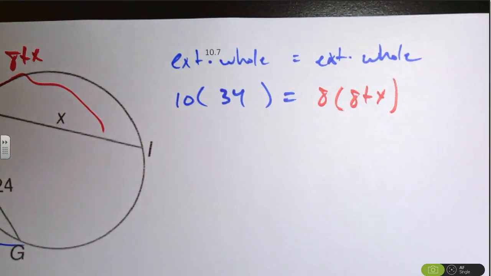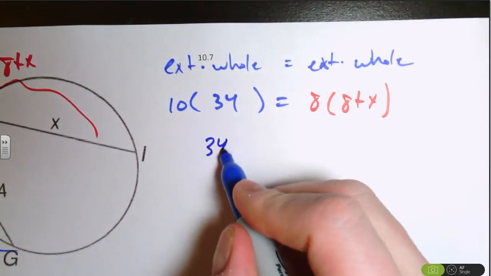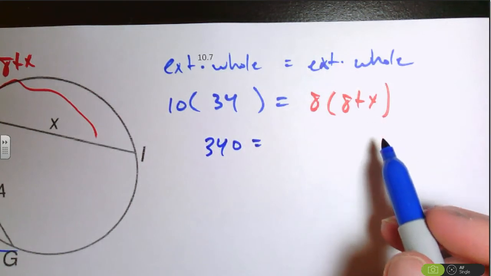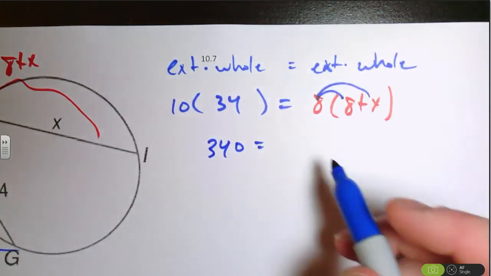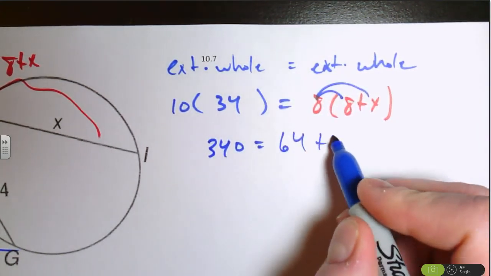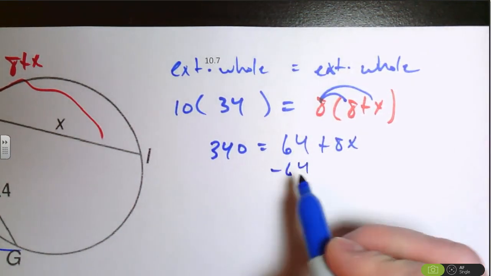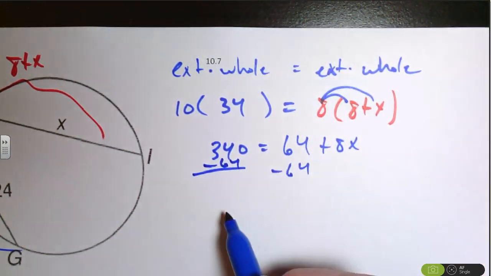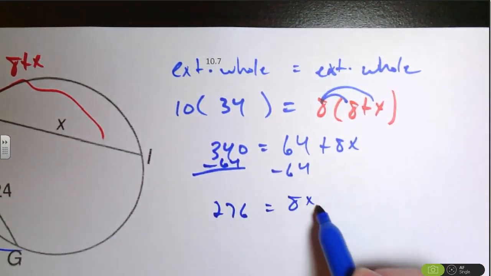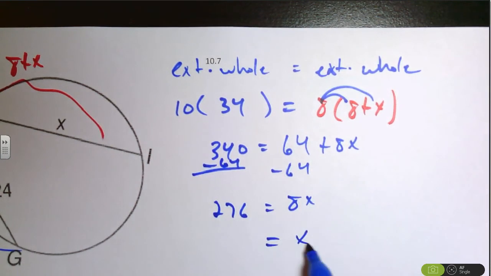To solve this, on the left-hand side, 10 times 34 is 340. On the right-hand side, it takes a distribution, 8 times 8 and 8 times x. Subtract 64, and 276 equals 8x.